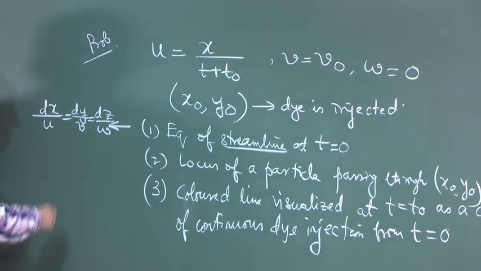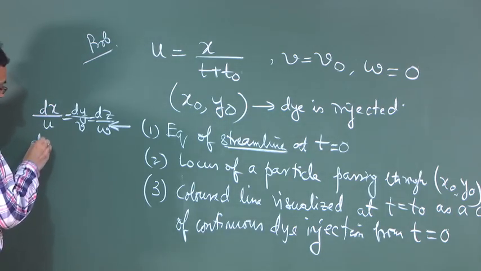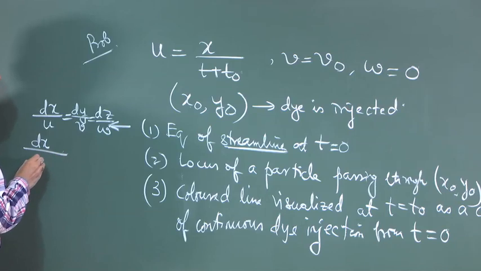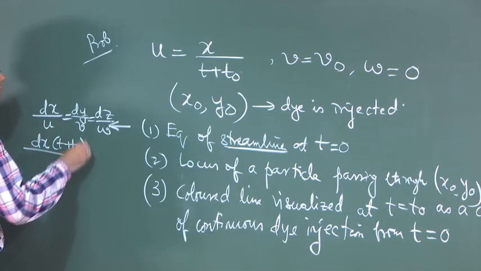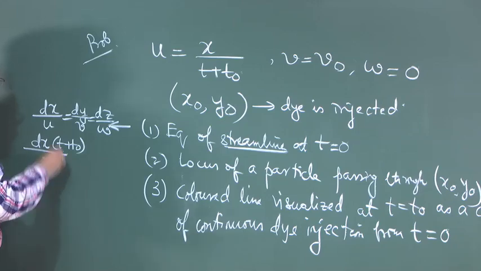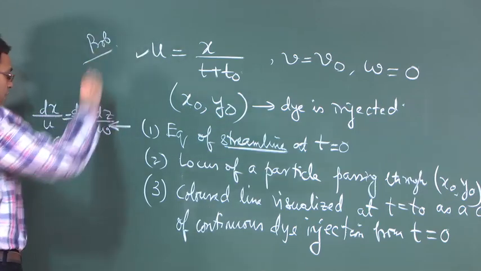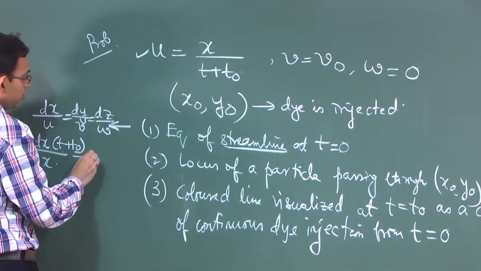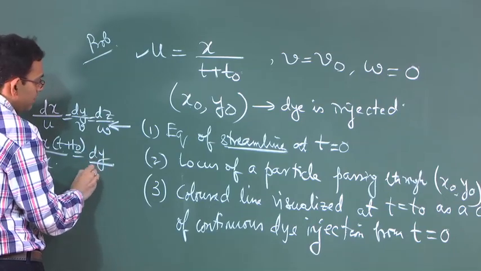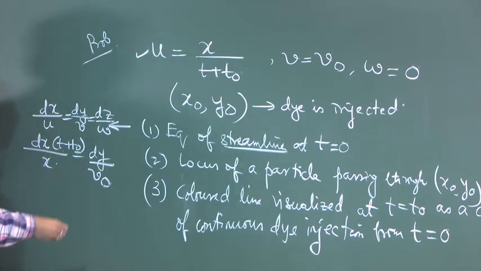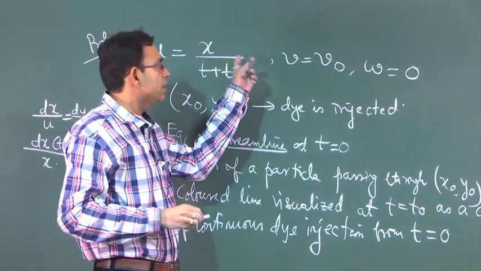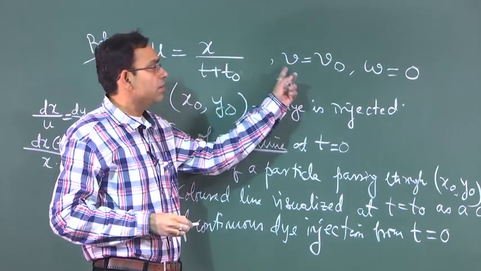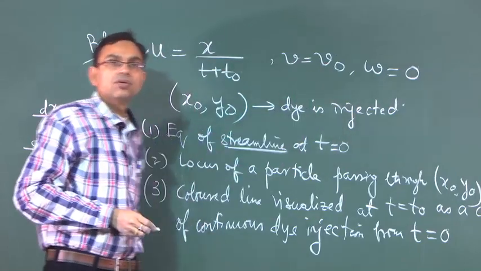So, you have dx by u, the expression for u is there, is equal to dy by v. This is irrelevant here because it is a 2-dimensional velocity field, only 2 velocity components are there, third component is 0.